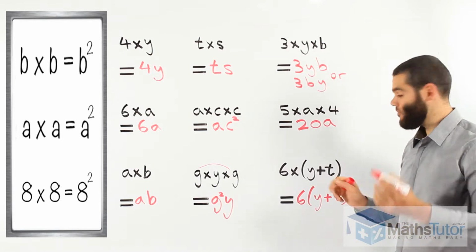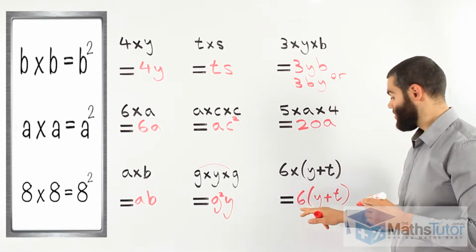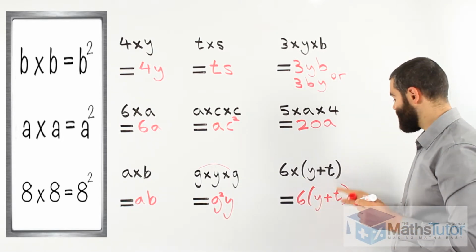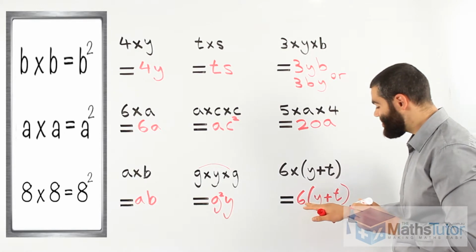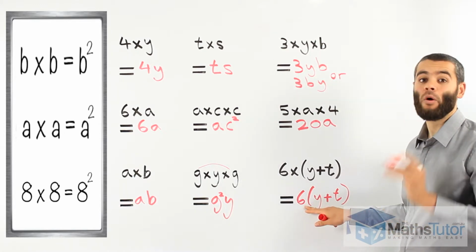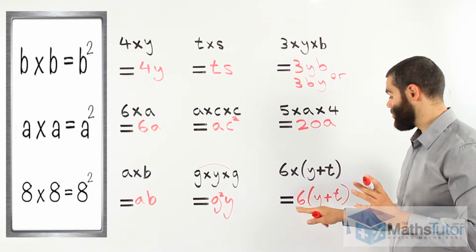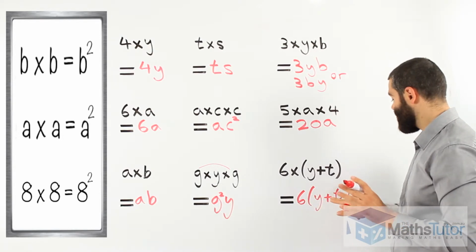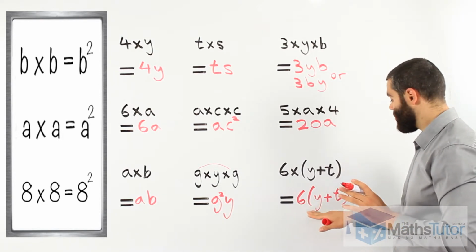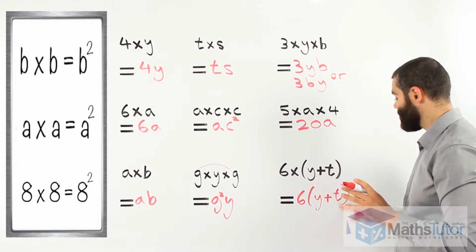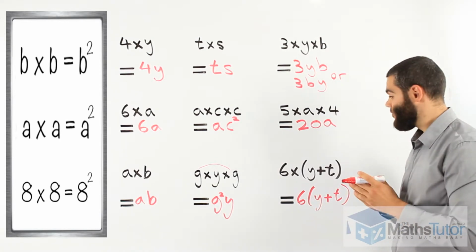That's it. The times is gone. 6 brackets Y plus T brackets. We know there is a little times here, but we don't write it, but we know it's there. It's invisible. We have written it in a very simple and straightforward format.